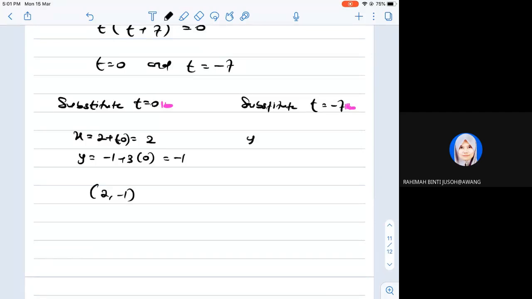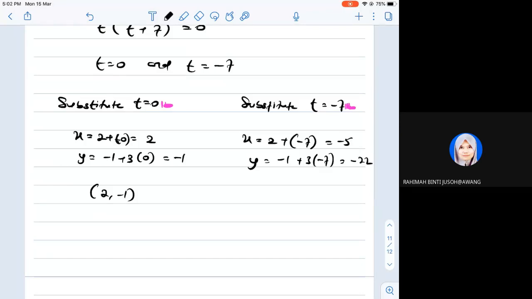And then the second one, x equals to 2 plus negative 7, we have negative 5. And then y equals to negative 1 plus 3 times negative 7. We get negative 22. So negative 5, negative 22.